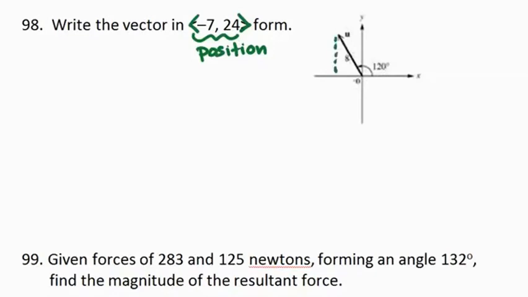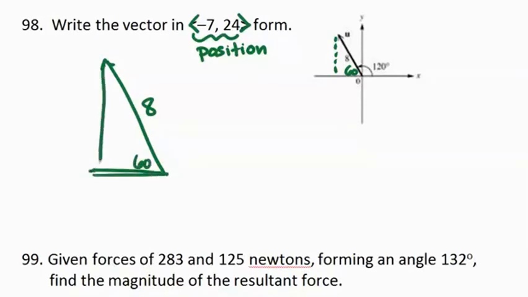So let's think what we know here. This angle next to this must be 60 degrees. So let me enlarge this. Here's what we know. We've got a vector with a magnitude of 8, and it's making a 60 degree angle, and now we'll have a 30, 60, 90 triangle.